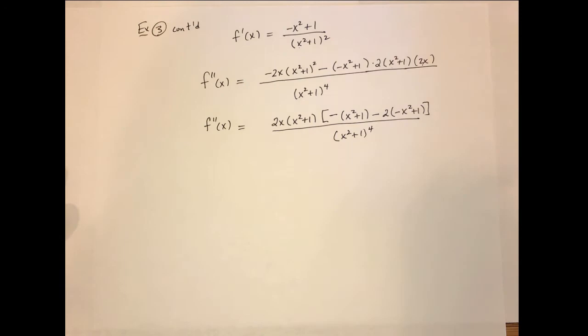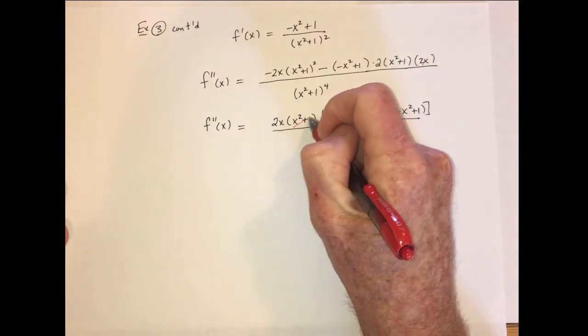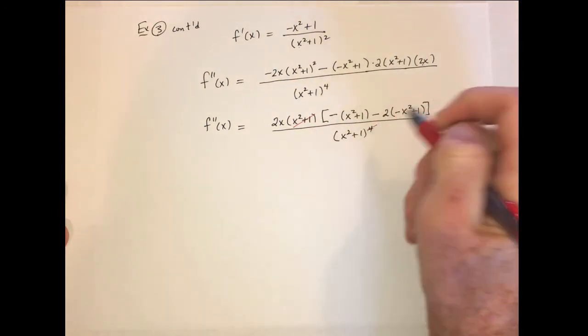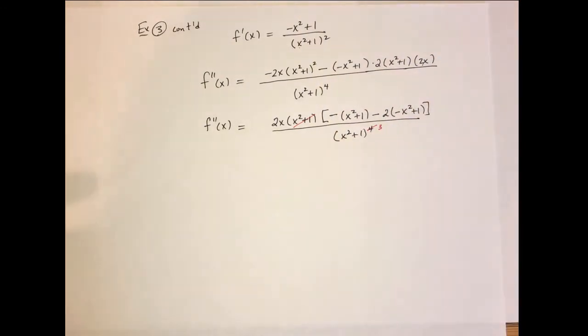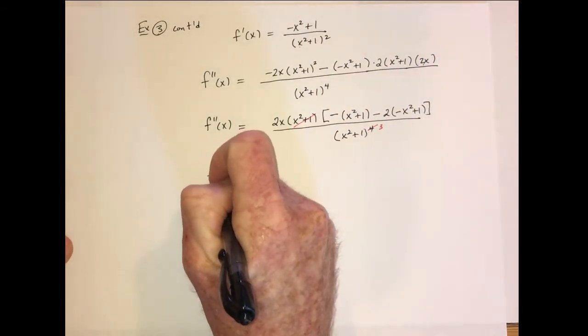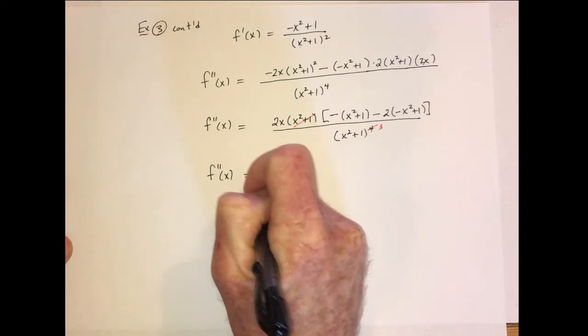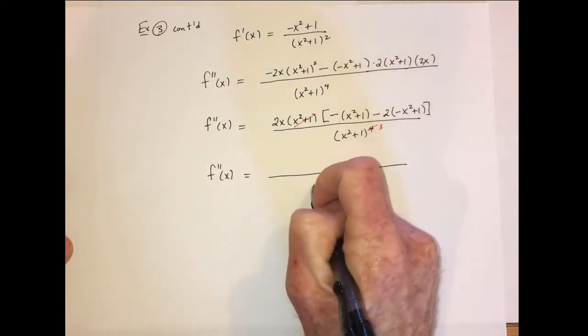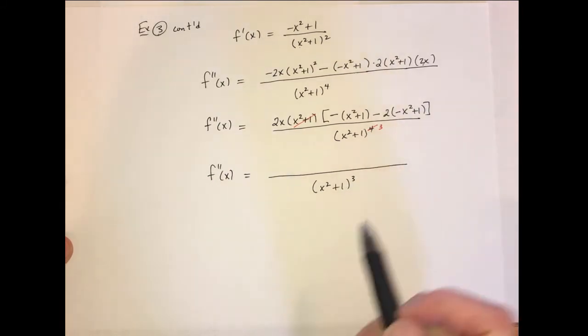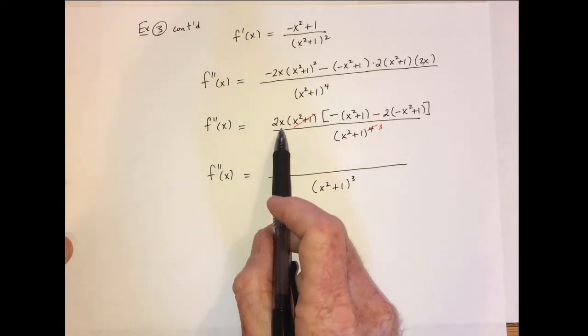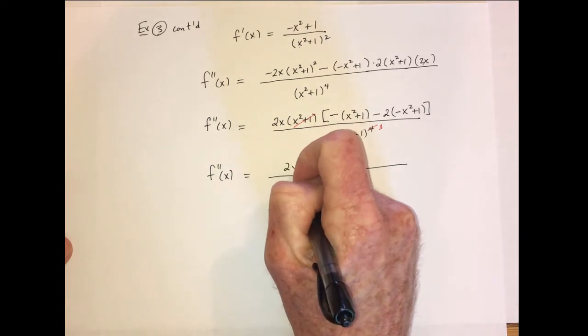And then I could do a little bit of canceling because x squared plus 1 will cancel one of these. So now it leaves it to the third. And then this 2x is still on the outside.